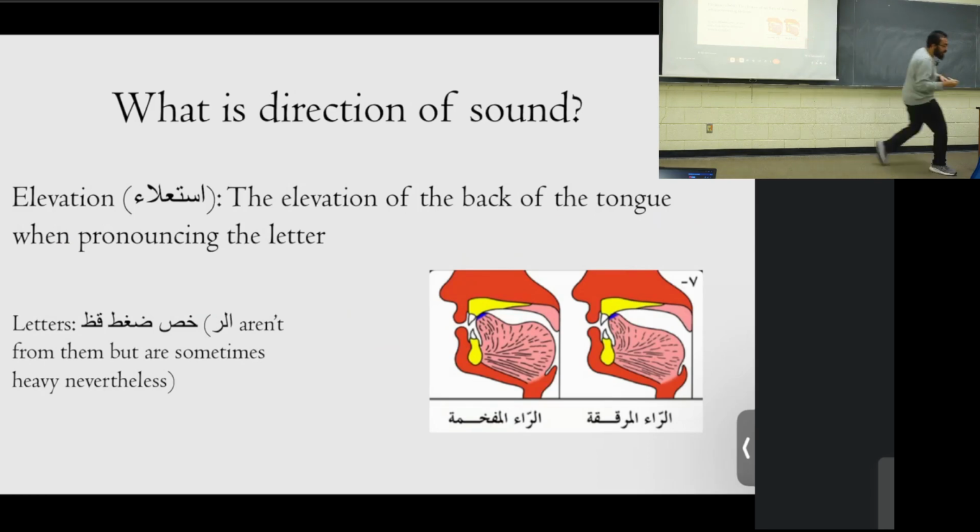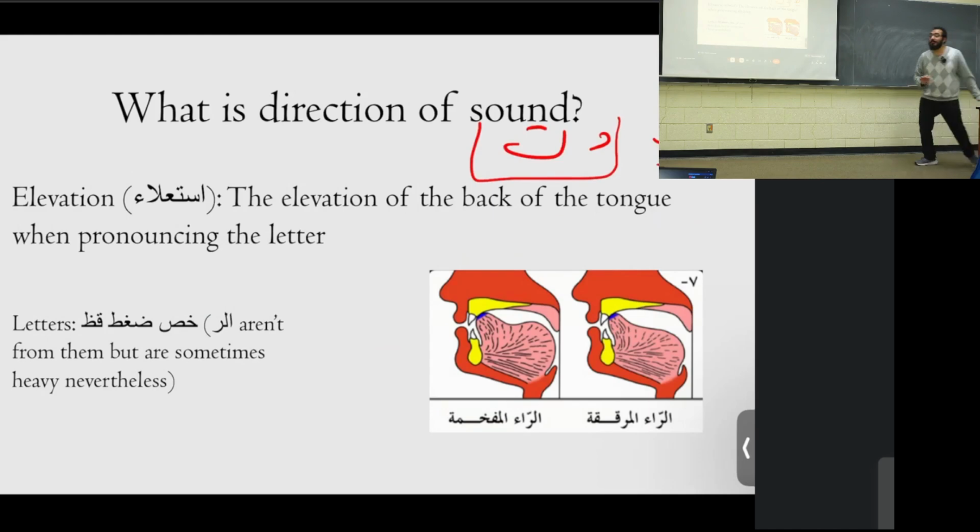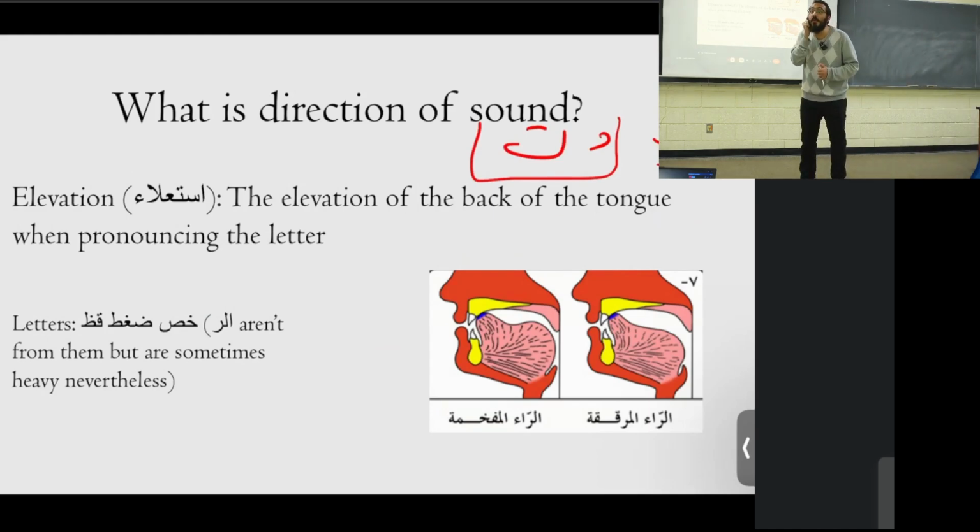So when we said the difference between ta, dal, and ta, the difference was the back of the tongue goes up. We say ta, ta, ta. So that heavy sound comes from where? The back of the tongue going up.